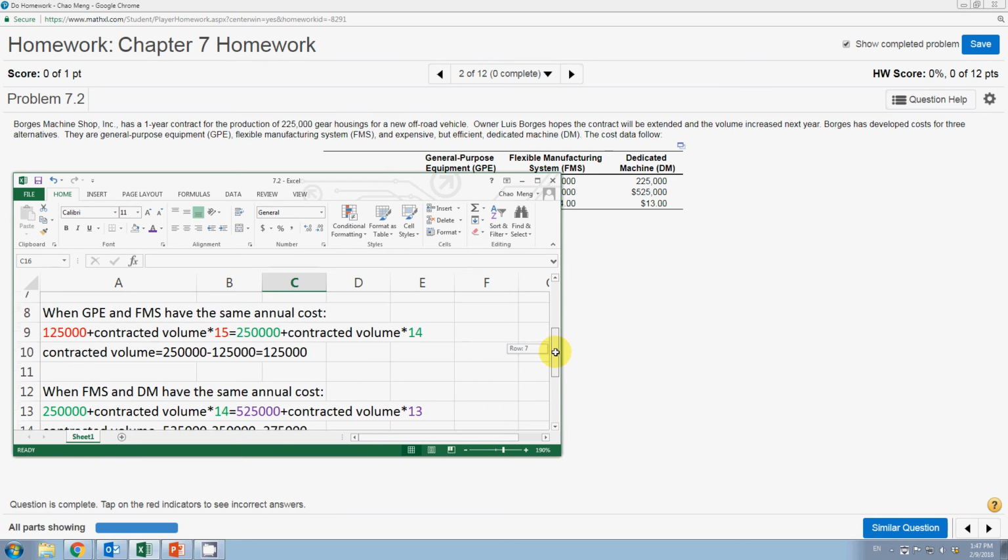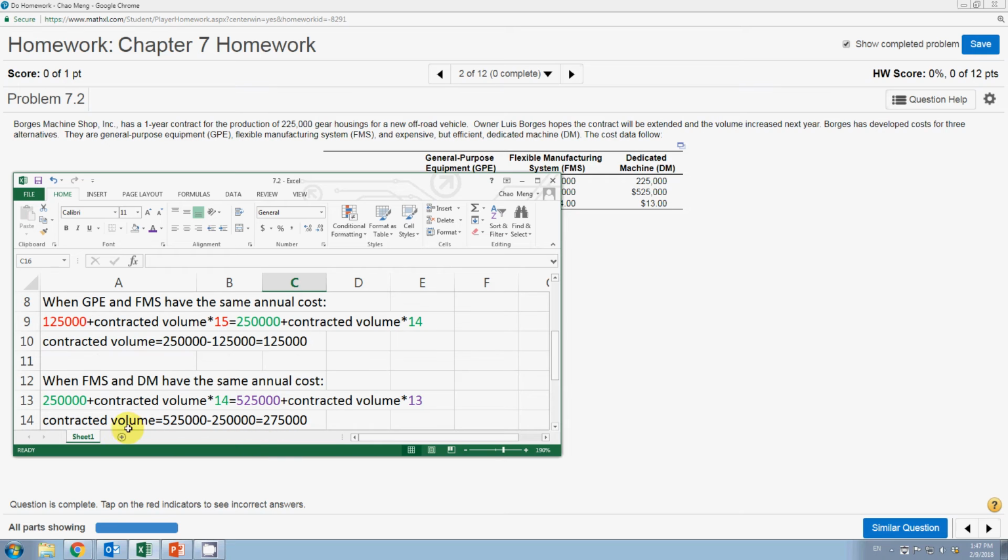And if we solve the equation, we will have the break-even point in terms of the contracted volume. So that means if the volume is less than this amount, it's going to be better to use the FMS. And if the volume is greater than this volume, it's going to be better to use the DM because it has a lower variable cost.